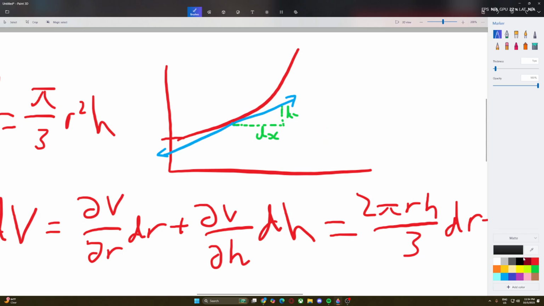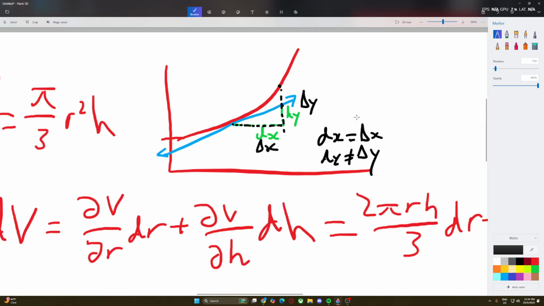And if we actually got the point right here where we're approximating, this would be change in y, but the line would still be change in x. So dx equals change in x, but dy is not equal to change in y.